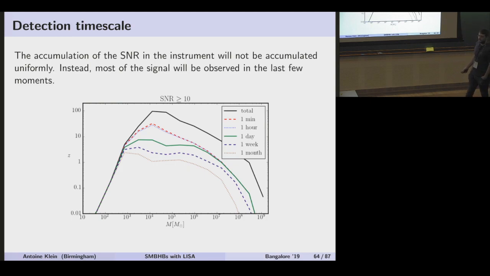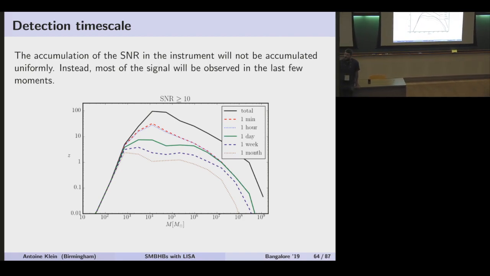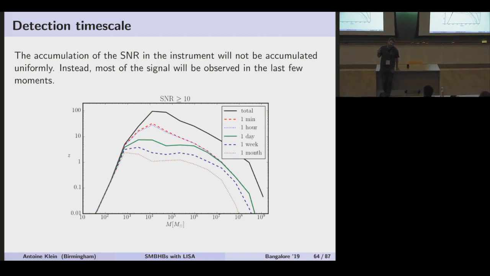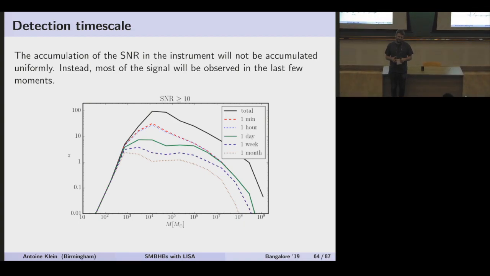So what factors could complicate detection? Eccentricity is one. For these systems, I think that's the main extra source of complexity compared to LIGO.